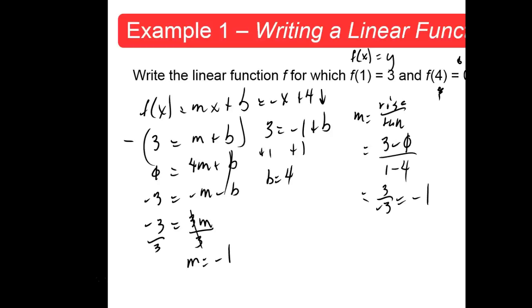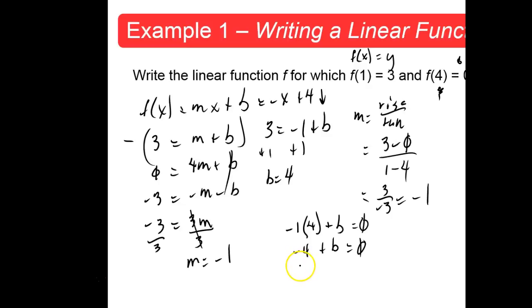Second? 4, 0. Okay? So we'll do -1 times x, and you said 4, plus b, that's what we don't know yet, is equal to 0. Okay? The y value. And this would be -4 plus b is equal to 0. And guess what?